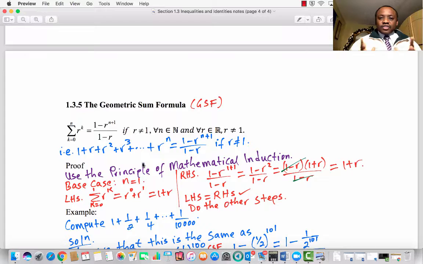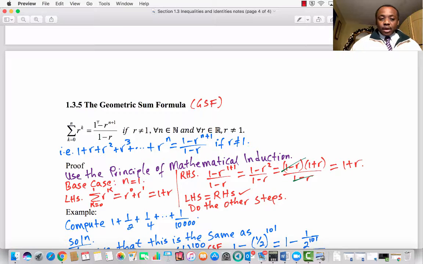The second identity we would be interested in would be subsection 1.3.5, the geometric sum formula. It says the summation, k from 0 to n, of r to the k equals 1 minus r to the n plus 1 divided by 1 minus r, where r is different from 1. And that happens for every natural number n and for every real number r, just that r has to be different from 1.